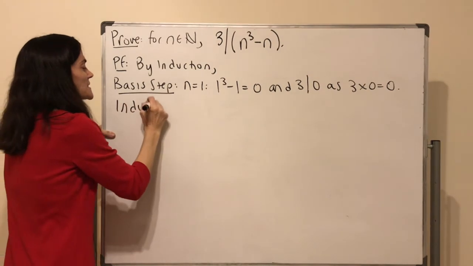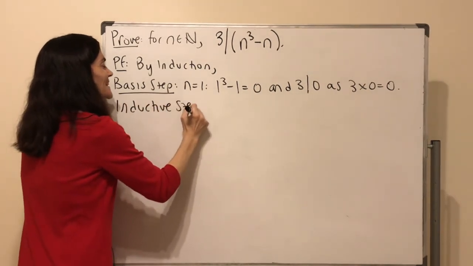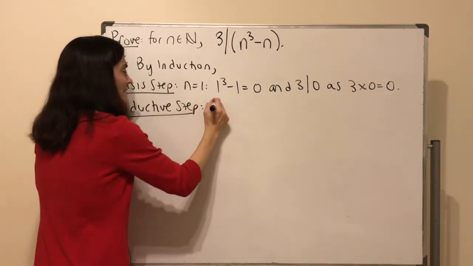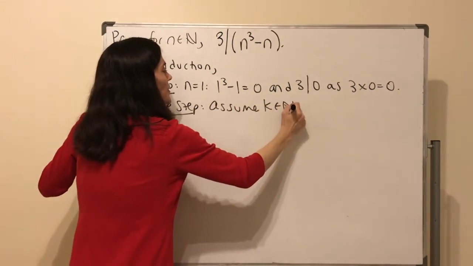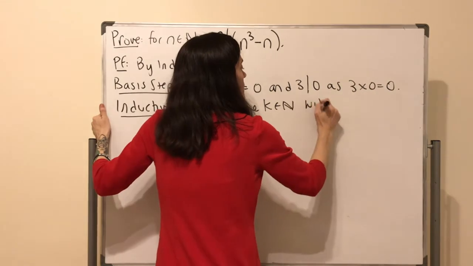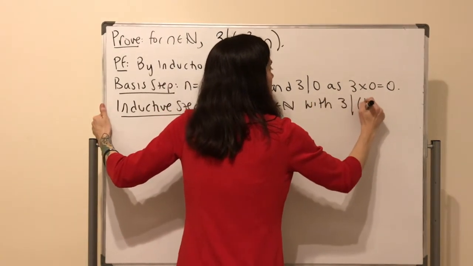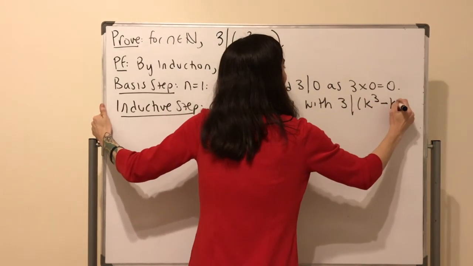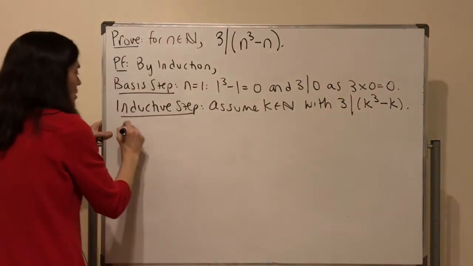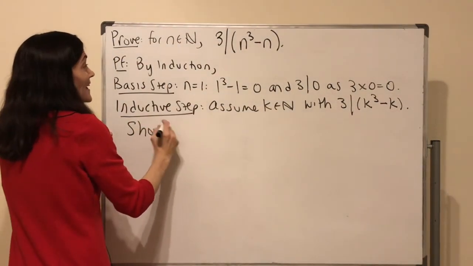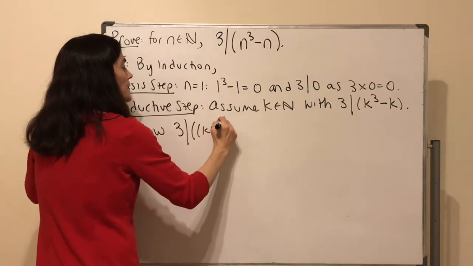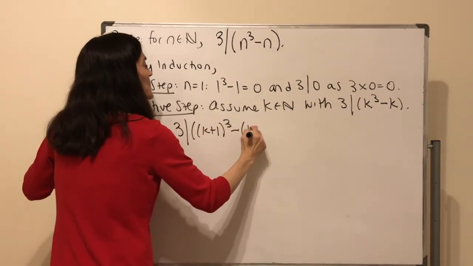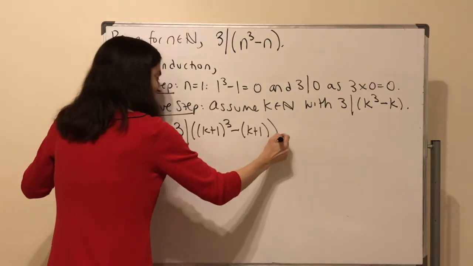In the inductive step, let's assume k is a natural number with 3 divides k cubed minus k. And then we will show that 3 divides k plus 1 cubed minus k plus 1, like this.